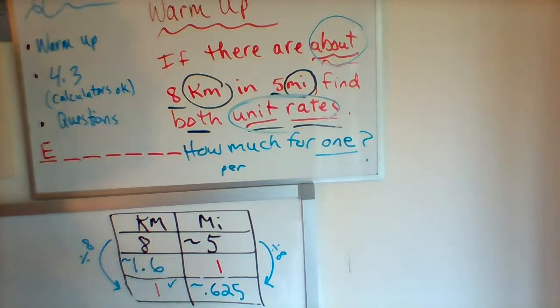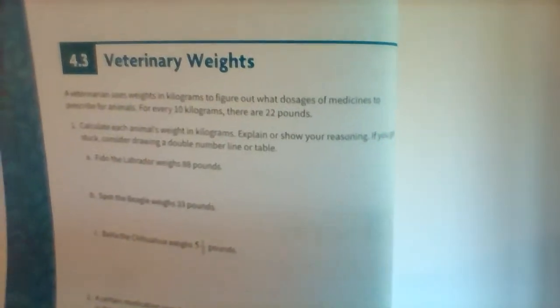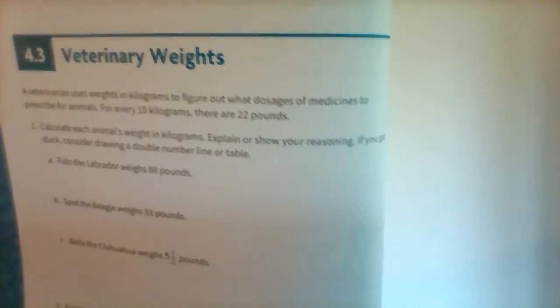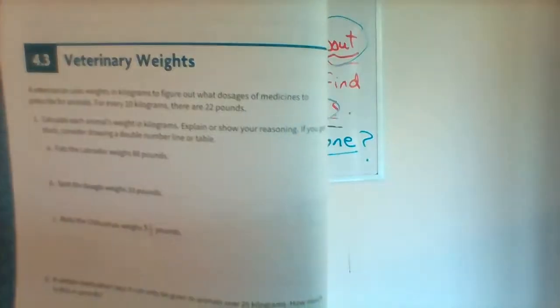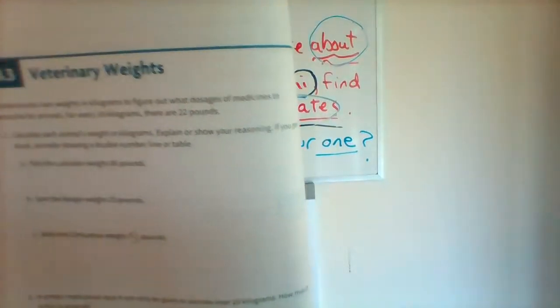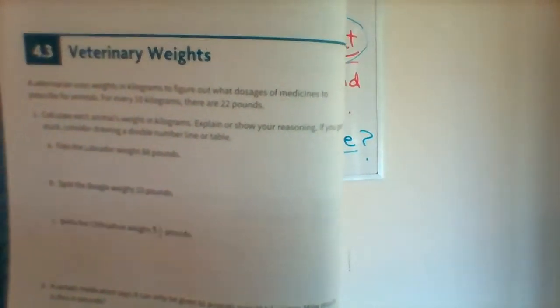All right, I'll show you one more time because I need you to answer this question. After the first sentence in number one, the sentence that starts with calculate, it says calculate each animal's weight in kilograms. Now, right after that, there's a second sentence. What's the key word there?